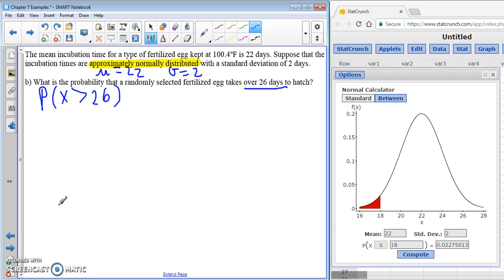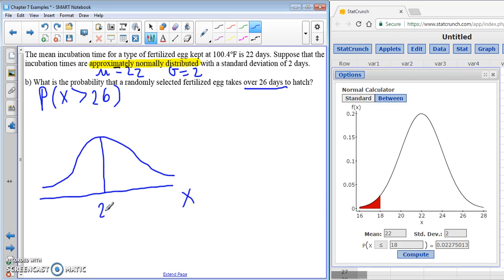Again, a rough sketch here: our mean, go up by 2 since that's our standard deviation, and then down by 2s. We're looking for greater than 26.